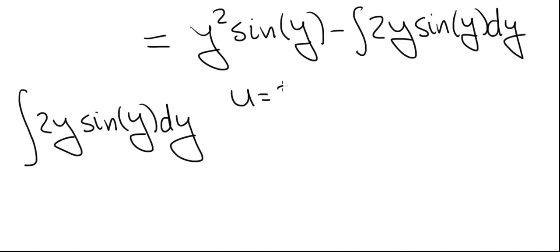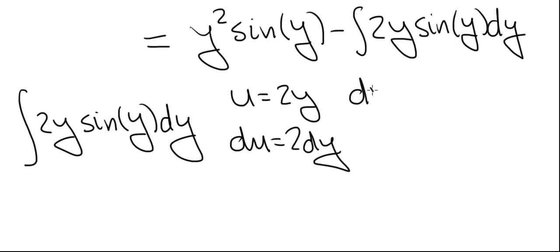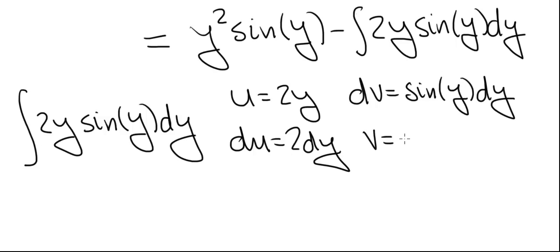Let u equal 2y. That makes du 2 dy. And the dv will be sine of y dy. v, the antiderivative, is minus cosine of y.